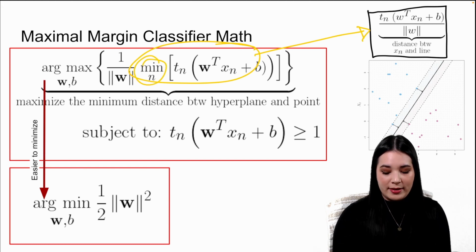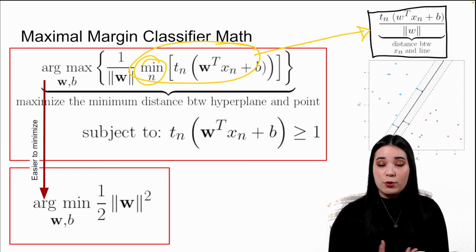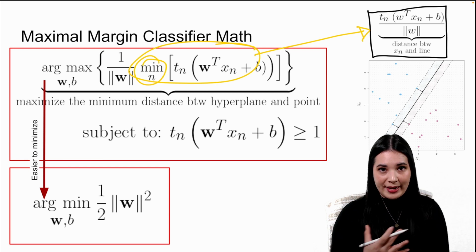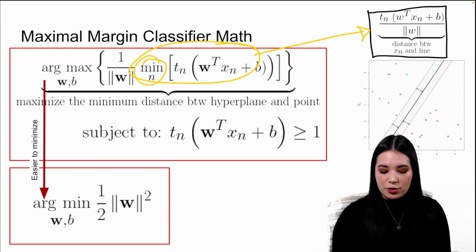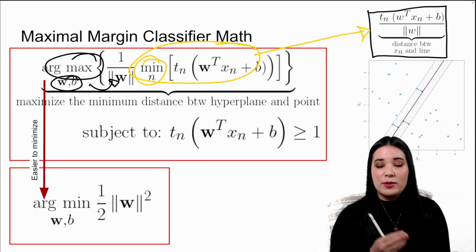That's what this min does. It's trying to find the closest data point to the hyperplane. And then of course, because we're trying to maximize our margin, we are going to choose weights and biases that maximize this closest distance. So even though this is a bit of a mouthful, you can think of this as maximizing the minimum distance between a hyperplane and the closest data point.